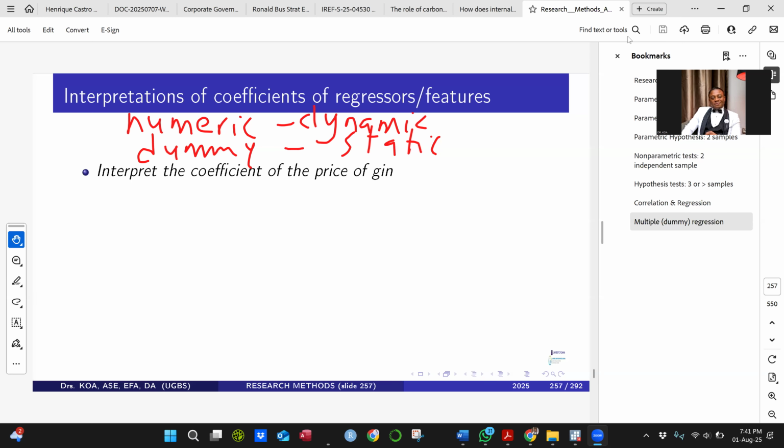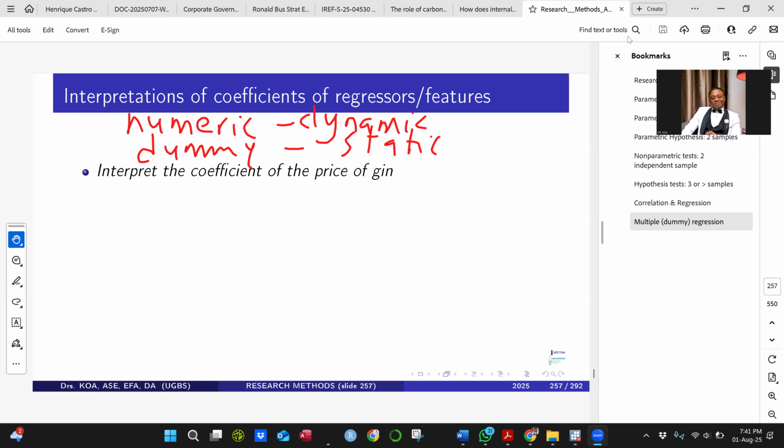Now, if you want to know whether the regression you have done is reliable, you got to check something. And that something is known as the R square. Now, there is a formula for the R square. The R square is the regression sum of squares divided by the total sum of squares.